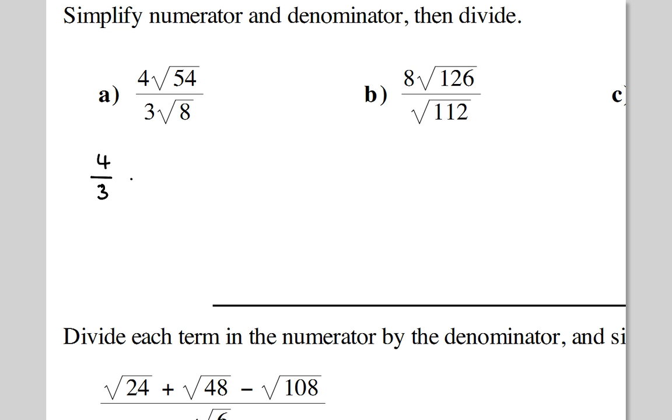Let's just simplify the 54, because inside 54 is 27. But that's a cube. Is there a square? Yeah, 9, right? 9 times 6 is 54. So let's change 54 to root 9, root 6. Everybody okay with that? Times tables, 9 times 6, 54.